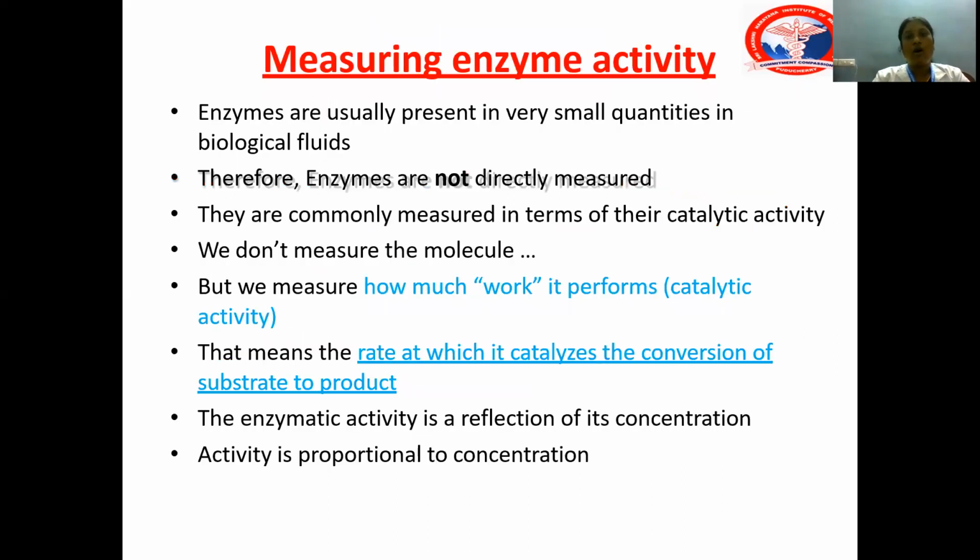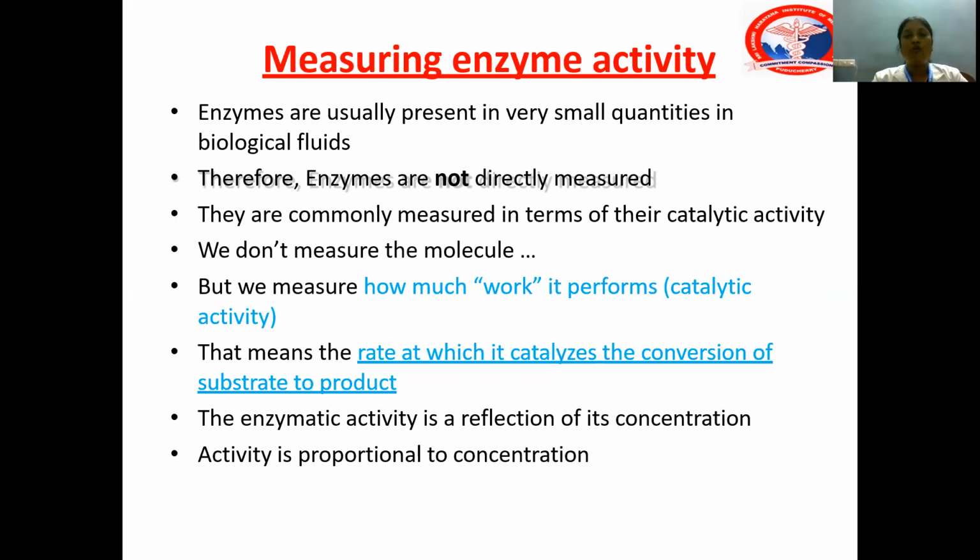So how are we going to measure the enzyme activity? Enzymes are usually present in very small quantities in all biological fields. Since they are present in very minuscule amounts, we cannot measure the enzyme concentration directly. Rather, we measure the catalytic activity of the enzyme, which is an indirect measure of concentration.